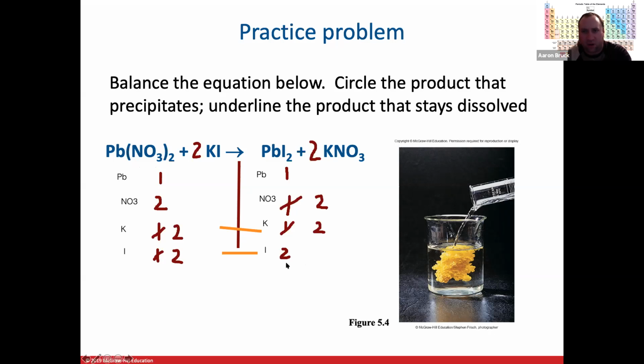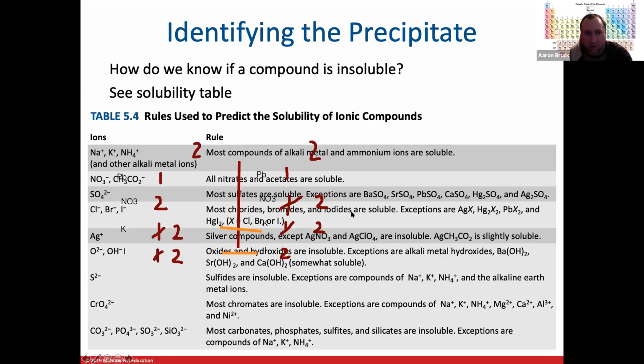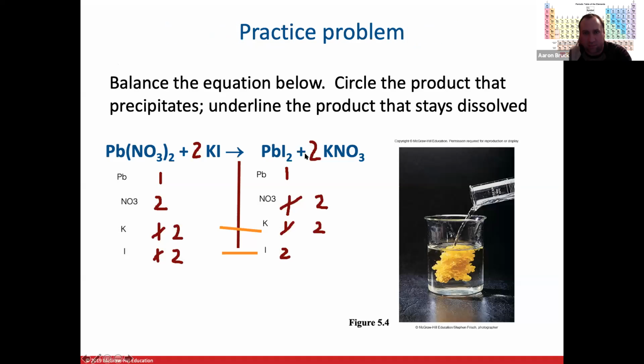The second part, circle the product that precipitates, underline the product that stays dissolved. Okay, for this, I'm going to have to go back to my solubility rules. My solubility rules tell me that potassium compounds are always soluble.